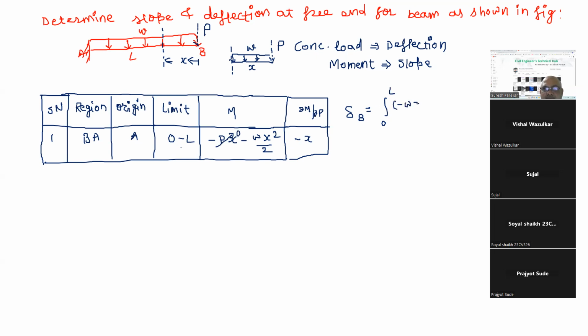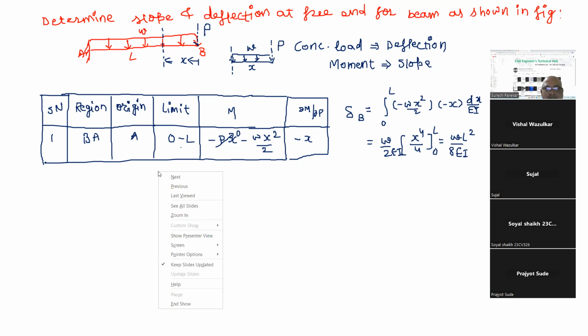Then minus Wx square by 2 into minus X dx upon EI. And then W by 2 we will take outside. X cube we have, so its integration is x4 upon 4, 0 to L. And when we put value L, delta B will be WL4 upon 8EI.